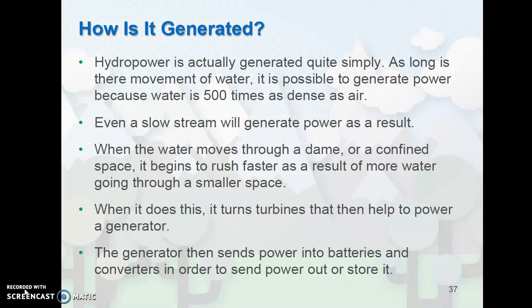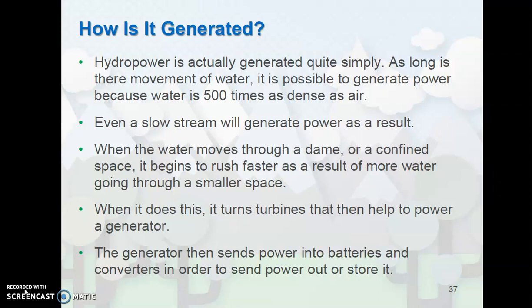How is electricity generated? Hydropower is actually generated quite simply as long as there is movement of water. It is possible to generate power because water is 500 times as dense as air. Even a slow stream will generate power as a result.